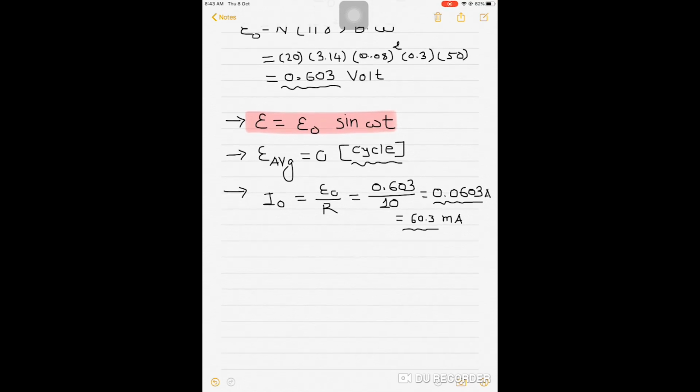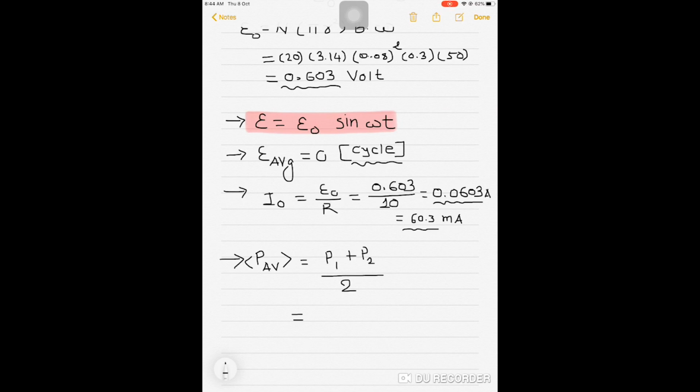Now the interesting part, that is we are asked to find out the average power dissipated. Average power dissipated means the condition 1 and condition 2. So we have here two different conditions. For those two conditions, we say that P average, or average power loss, is given by power 1 plus power 2, and that average, that is by 2.